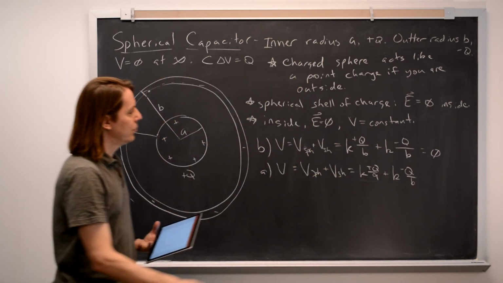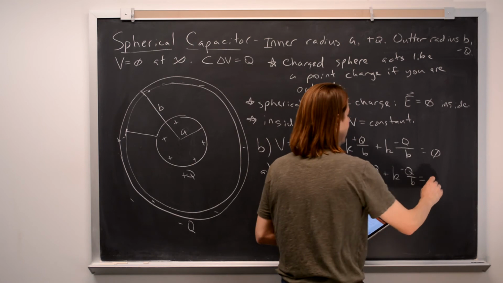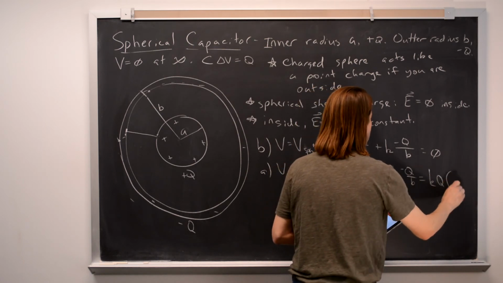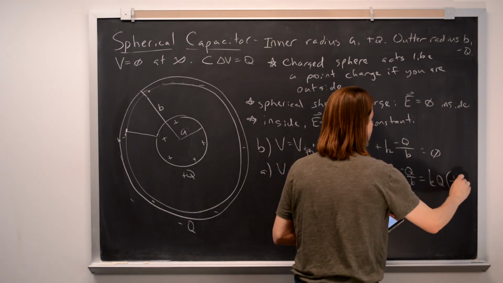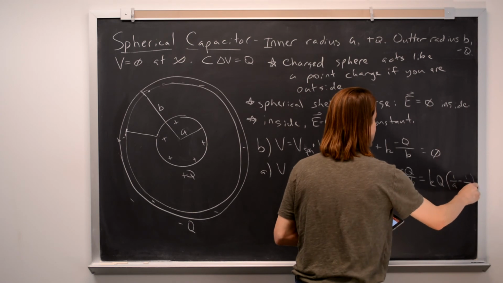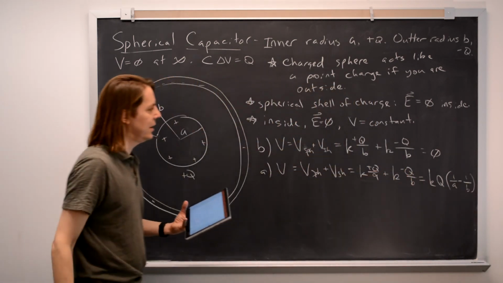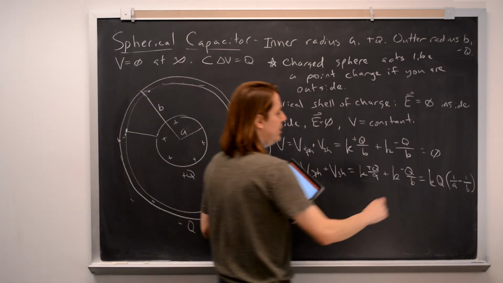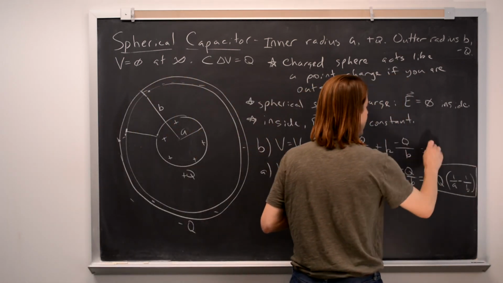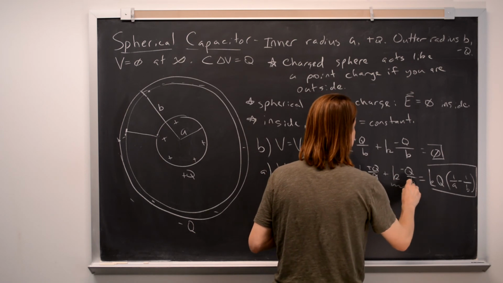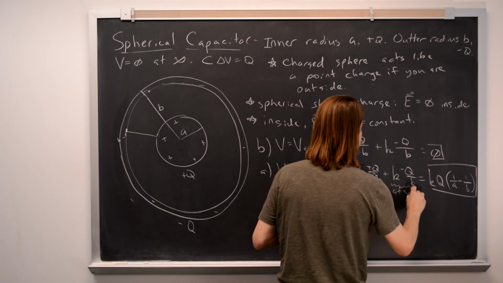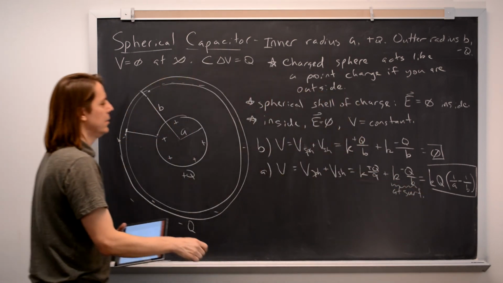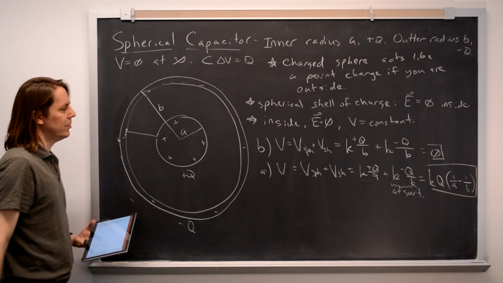All right, so if we wanted to write that a little nicer, I guess we could say it's KQ times 1 over A minus 1 over B, because that minus went in front of the A and the B. All right, so there is the potential on that surface. Remember, this was at the surface. The value of this surface equals the value of the surface.